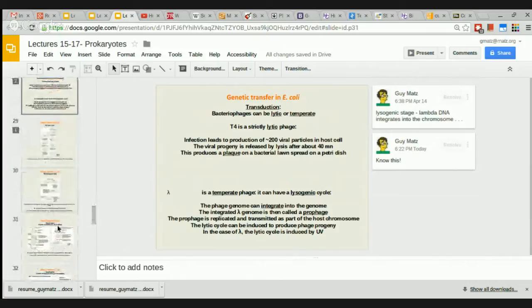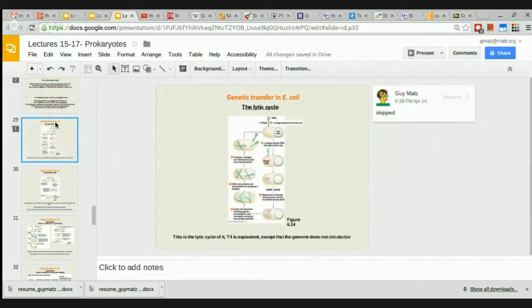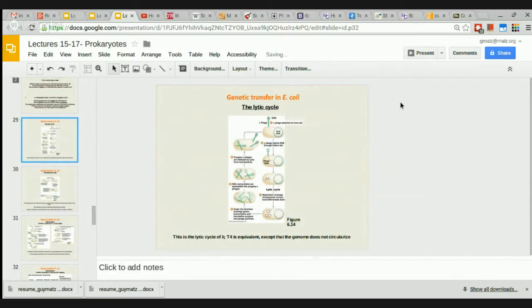The lytic cycle is where the bacteriophage infects the cell and that infection will always lead to lysis of the cell. So there's immediate phage production, and that cycle lasts about 40 minutes for T4, with production of about 200 particles.